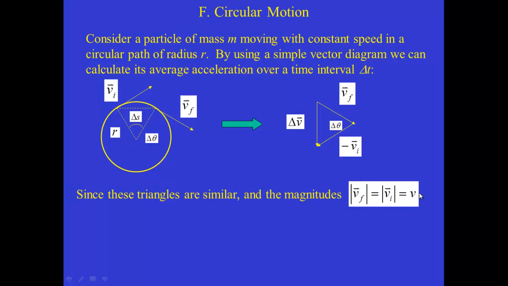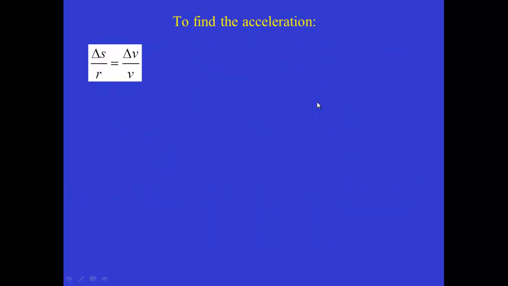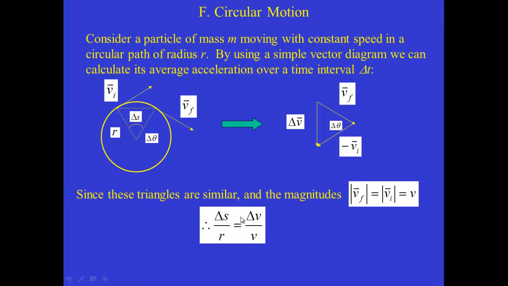We'll just call it v, in the same way that the two sides of the triangle on the left-hand side have r as their magnitudes. So we can make the relationship that delta s, the side opposite the angle delta theta, divided by delta v would be the same as r divided by v. Or we can say that delta s divided by r is the same as delta v divided by v. That's just one of the ratios that holds true for similar triangles.